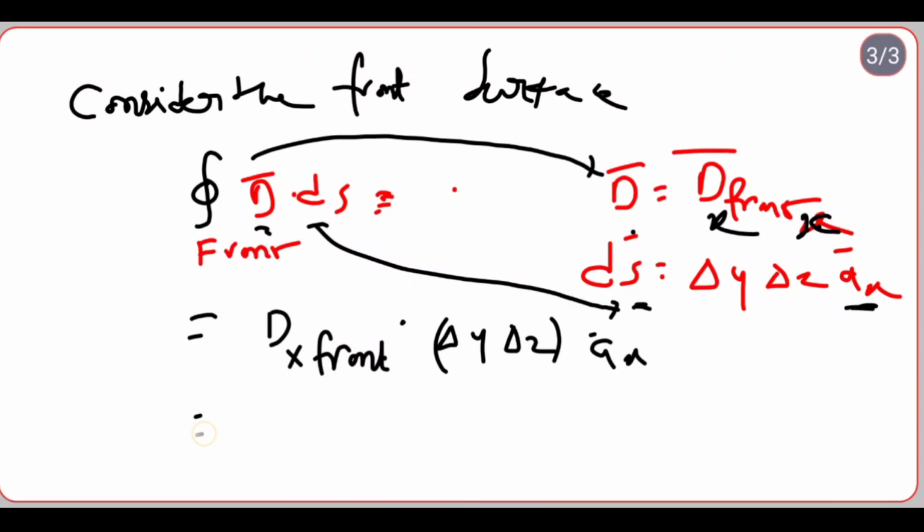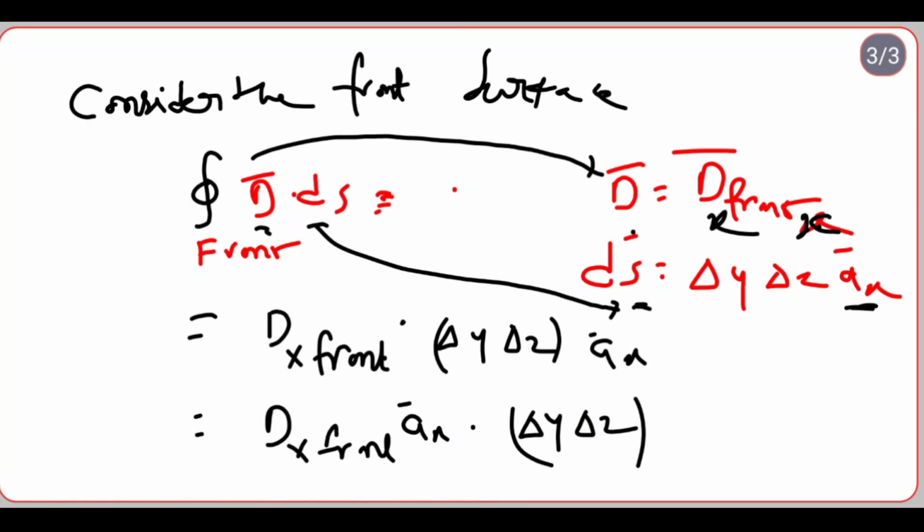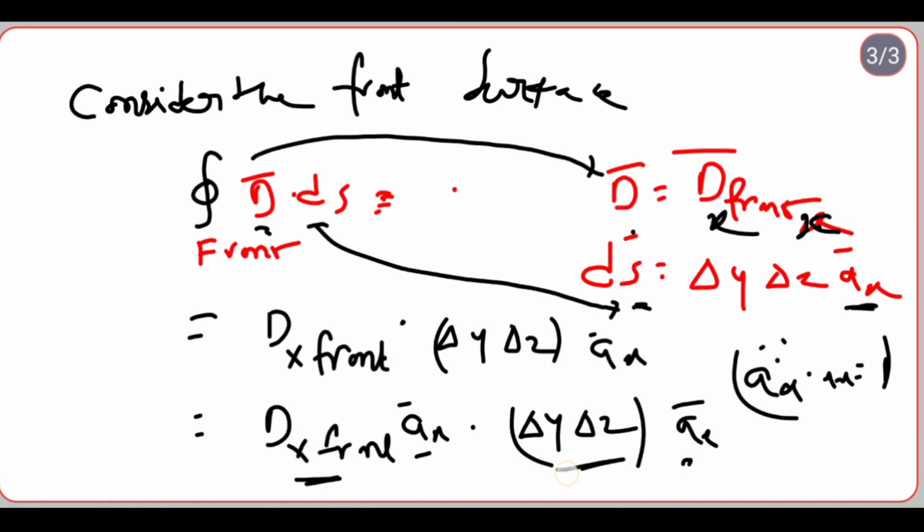Hence we have to substitute in x direction dx front. Dx front is in x-axis direction, hence the unit vector is ax dot delta y delta z ax. What is ax dot ax? Ax dot ax is 1. Since ax dot ax equals 1, this dot product becomes 1. Then finally we obtain the surface integral front D dot ds equal to dx front delta y delta z. We can obtain that.